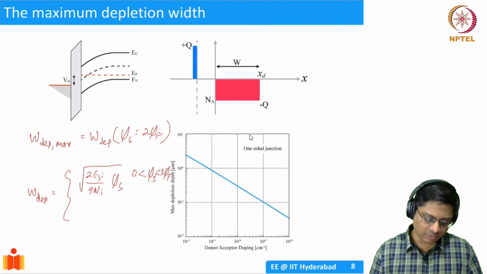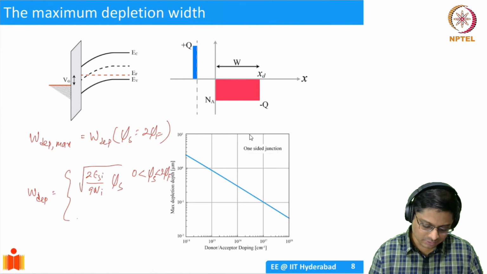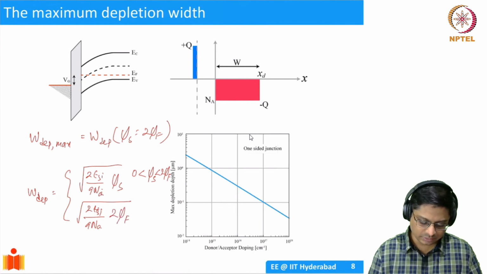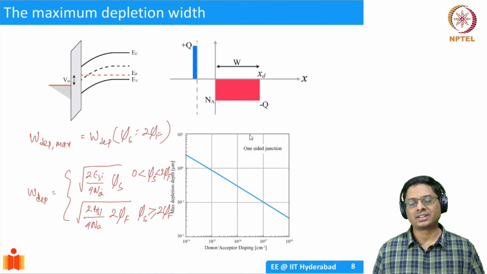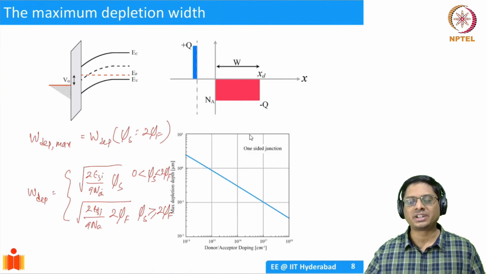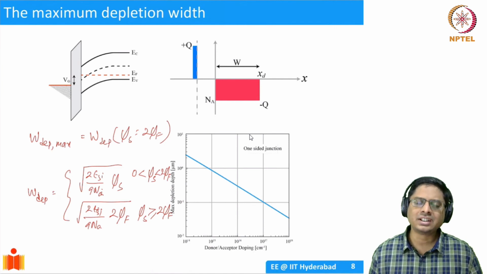But once you have crossed that, this becomes the square root of 2 epsilon silicon divided by q N_A times 2 phi f, for phi s greater than or equal to 2 phi f. So we are taking the depletion width as not changing. We are reaching the maximum depletion width.